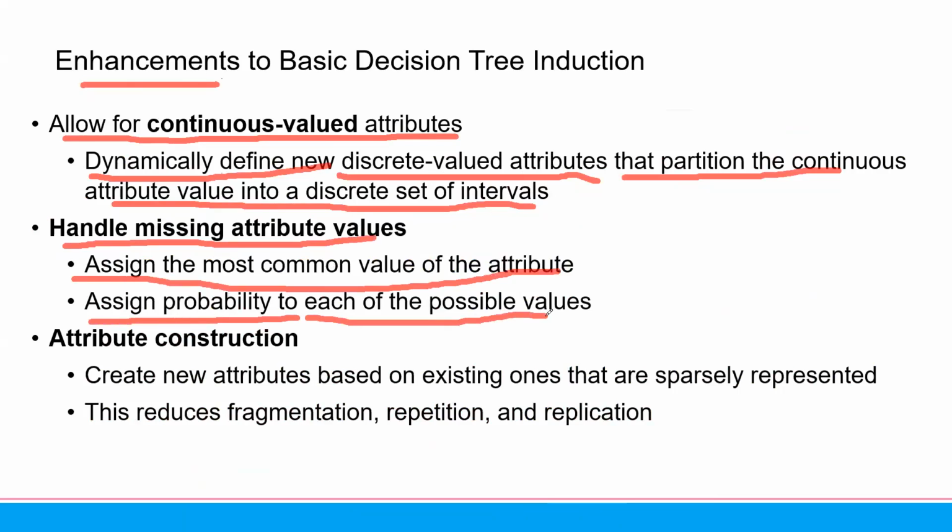So we will assign probability to each of the possible values to handle the missing attribute values. We can also construct attributes, creating new attributes based on existing ones that are sparsely represented.